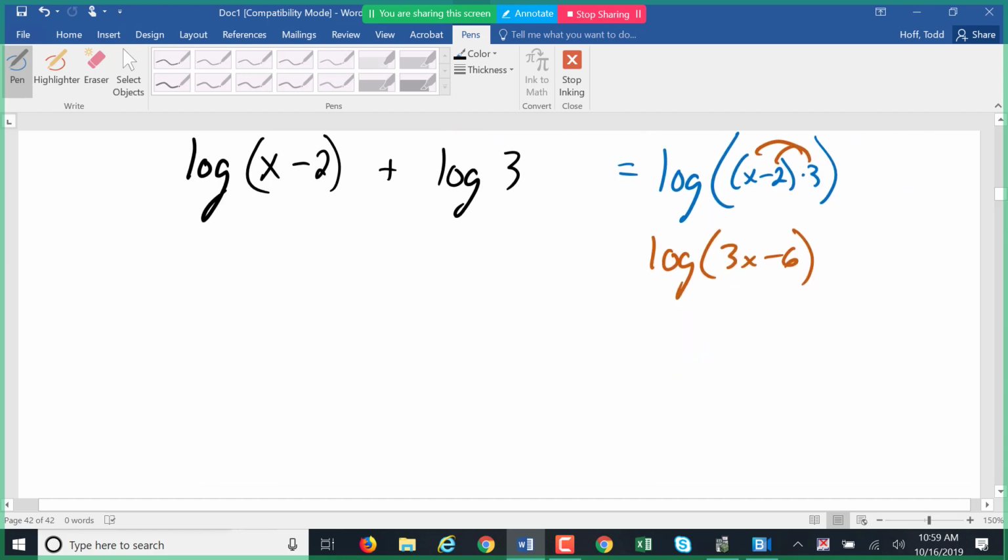Or I might have 2 times the log of x plus log of 5.